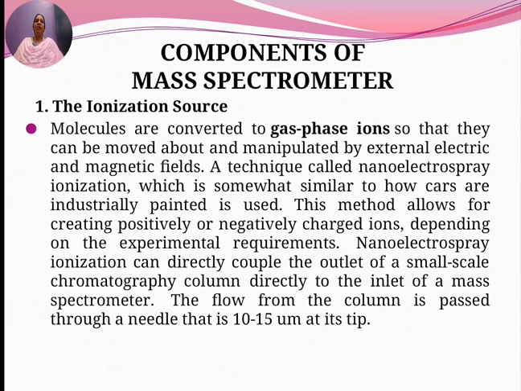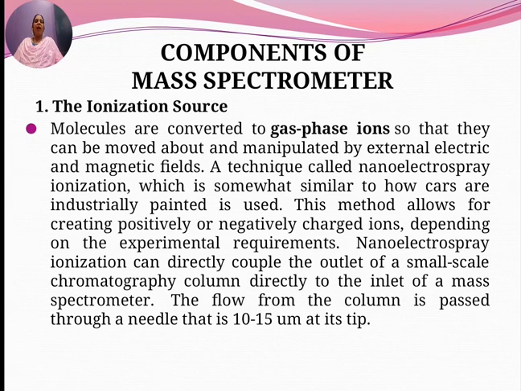Molecules are converted into gas phase ions so that they can be moved about and manipulated by external electric and magnetic fields. If the sample molecules are in the liquid phase, they are converted to gas phase ions.